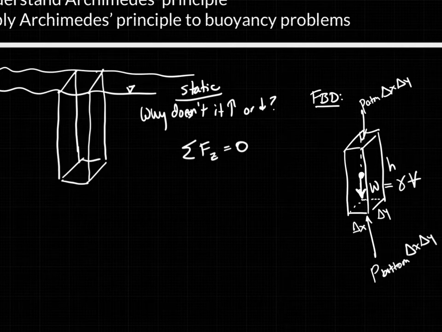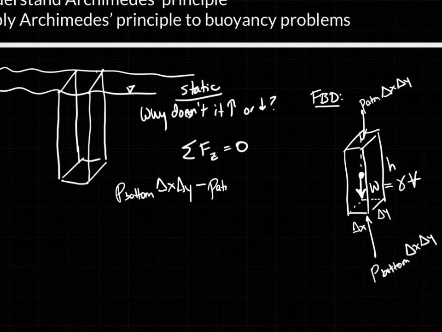The upward force is P bottom times delta x, delta y, minus PATM times delta x, delta y, minus the weight, which is gamma times the volume.